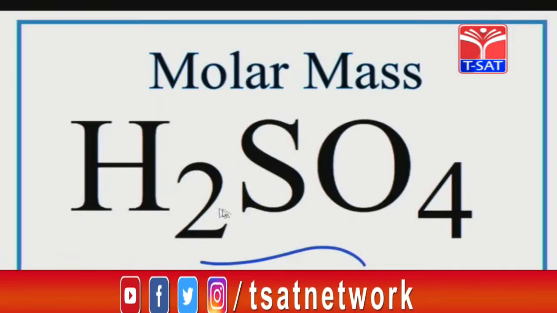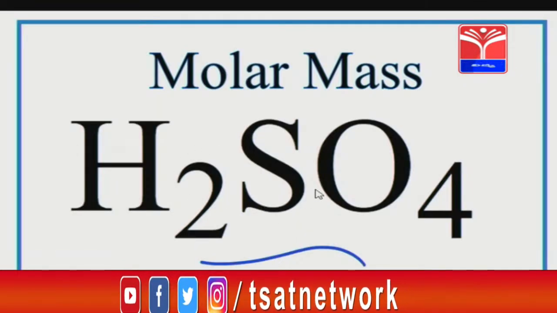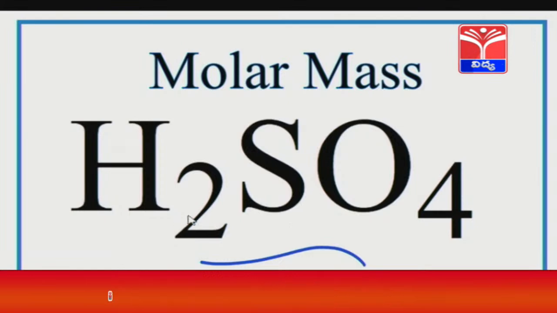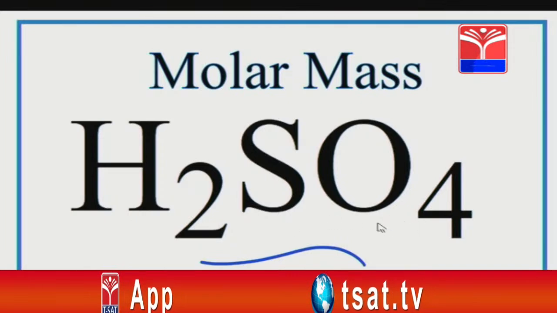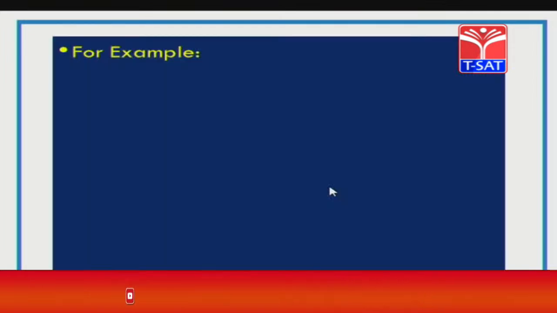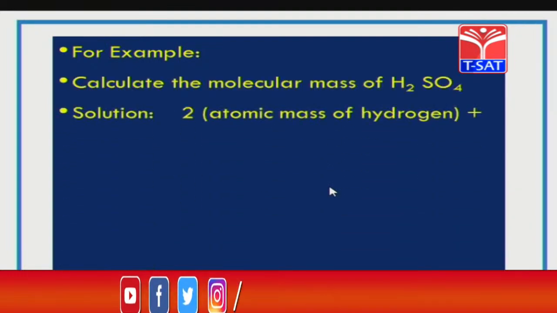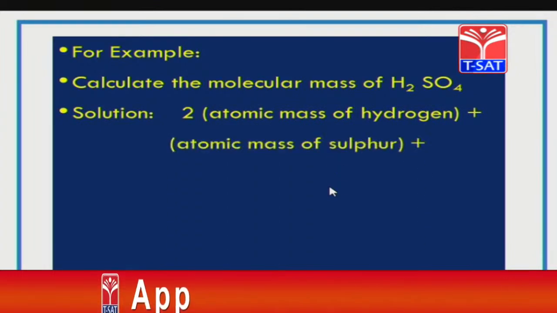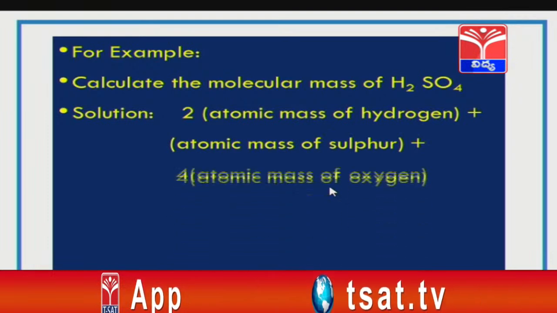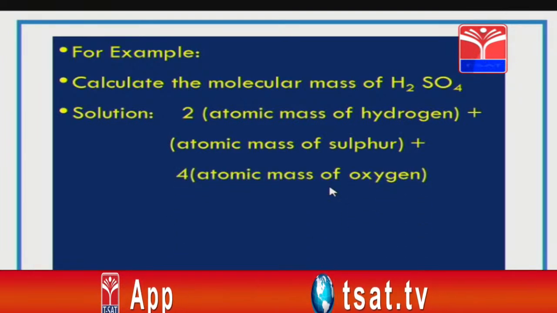Now, let us calculate the molecular mass of sulfuric acid. The formula of sulfuric acid is H2SO4. That means there are 2 hydrogen atoms, 1 sulfur atom and 4 oxygen atoms. So, how are you going to calculate the molecular mass of H2SO4? We have 2 hydrogen atoms, so 2 into the atomic mass of hydrogen, plus 1 sulfur atom, so 1 into the atomic mass of sulfur, plus 4 oxygen atoms, so 4 into the atomic mass of oxygen.